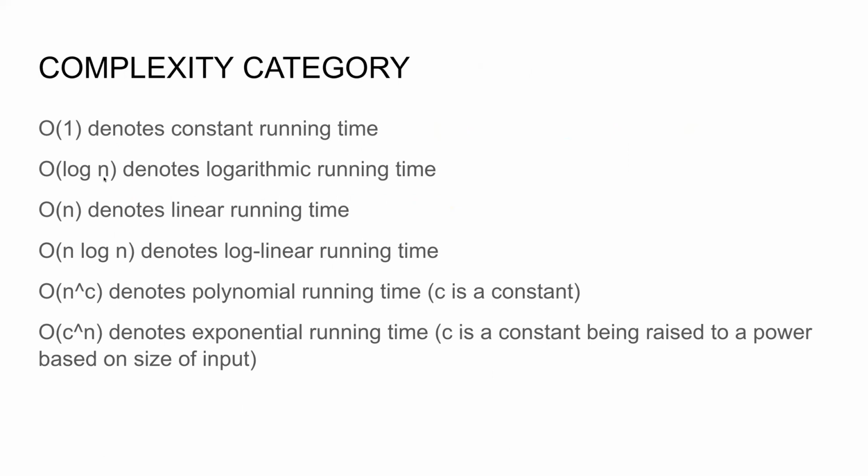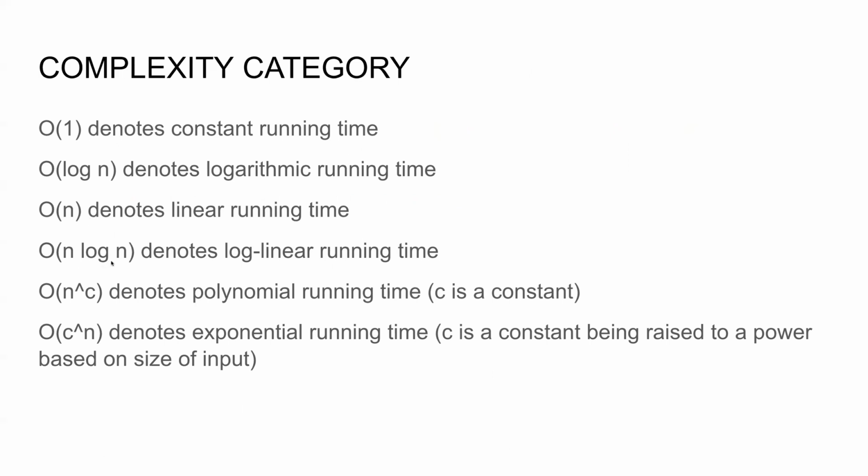You can think of something like binary search as O of log n, because every time you search, you throw half the data away. O of n is linear running time. Of course, it's obvious: it grows linearly with your input size.